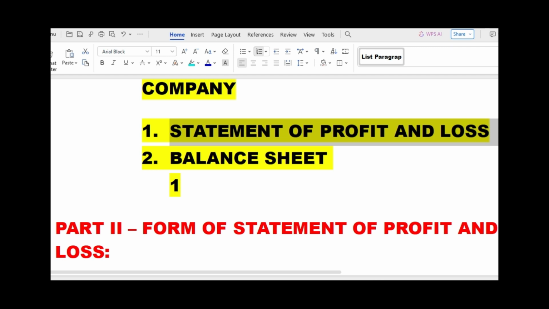So which accounting period we are preparing financial statements for depends on the period. It may be 2020, 21, 22, 23, whichever period we are preparing. So that is the accounting period, and the final product of the accounting process.